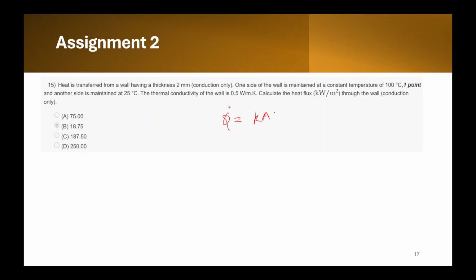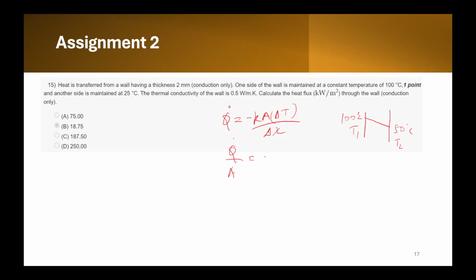This is Fourier's law, basically, minus k A delta T upon delta X. So we need heat flux, so that will be basically Q dot upon A. Okay, so this is 100 degrees Celsius, this is 50 degrees Celsius, this is T2, this is T1, and there may be some heat transfer. This is the temperature profile.